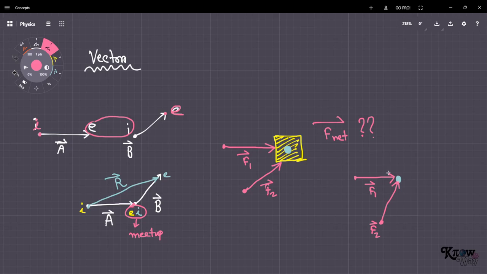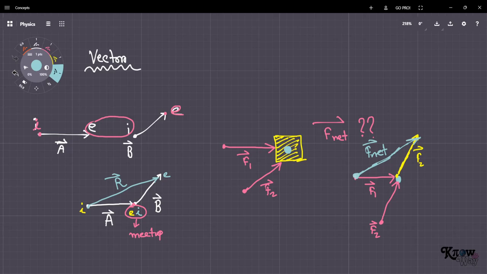Now you can shift this F2 and bring it up. That's the same F2, we just brought it upwards. Now what is the resultant? The resultant is this line over here. This is the F net. Now what is the F net working at?